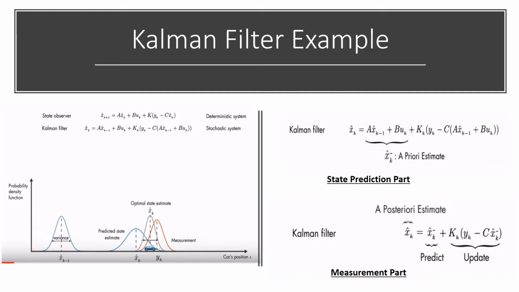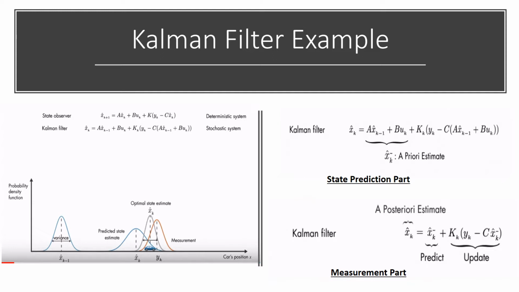Looking into the next slide, we can see that computationally the Kalman filter can be shown as a state observer for a stochastic system. The Kalman filter has two parts: a state prediction part and a measurement part.